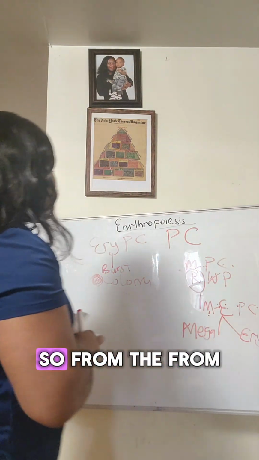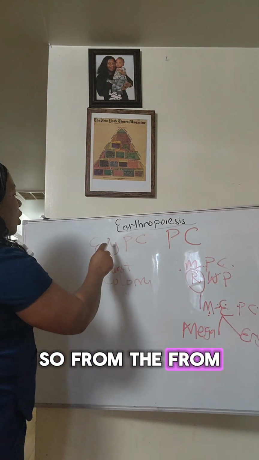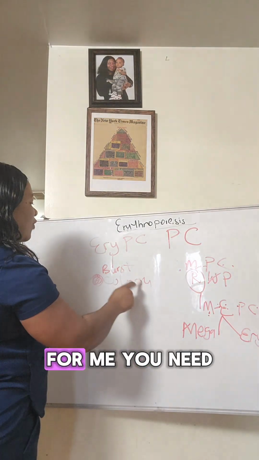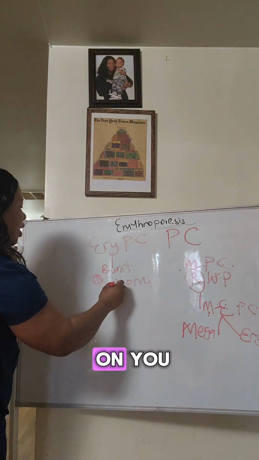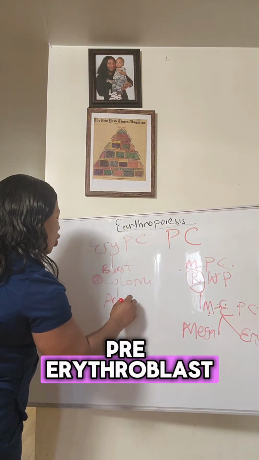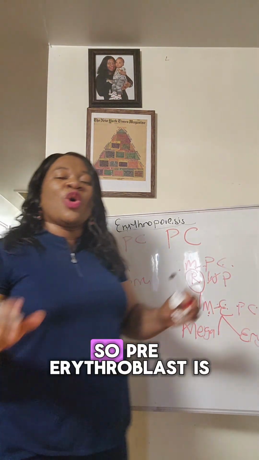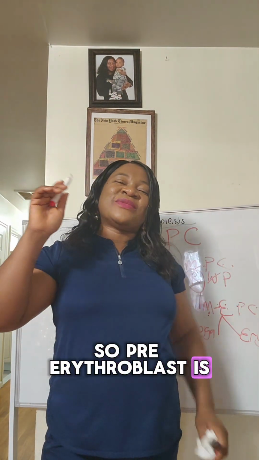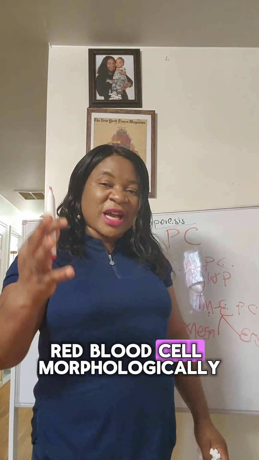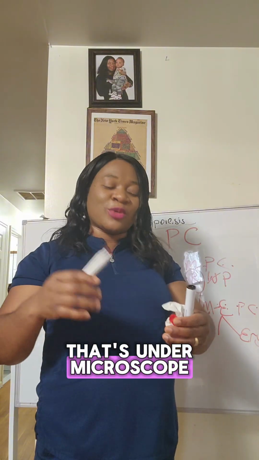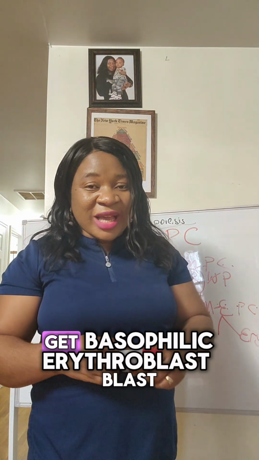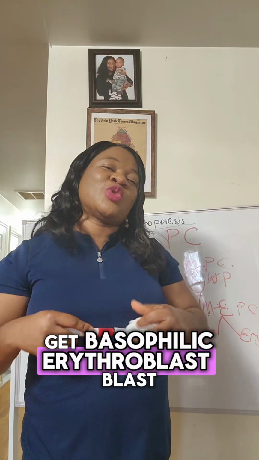Let's move ahead. So from the erythroid pathway to the burst forming unit cell to the colony forming unit cell, then from the colony forming unit you're going to get pro-erythroblast. Pro-erythroblast is the very first cell to resemble red blood cell morphologically. That's under the microscope. From pro-erythroblast, we are going to get basophilic erythroblast.